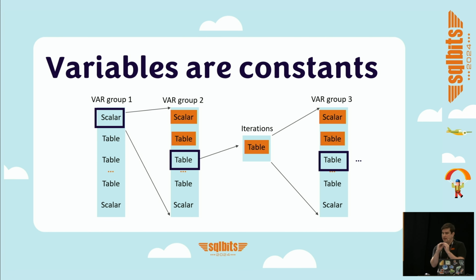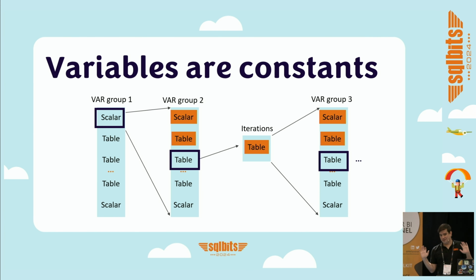In every stage, for example, this stage that's highlighted here, I can reference previous variables. Doesn't matter if it is in the same var group, for example, this var group 3, or the previous var group, for example, var group 2. I can reference them and use them to do my calculations.